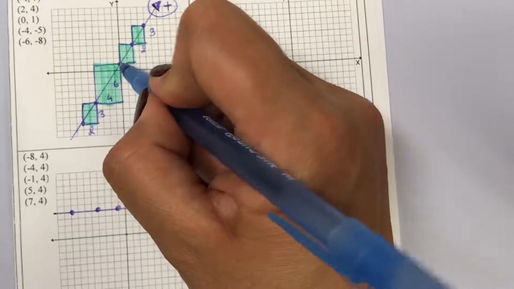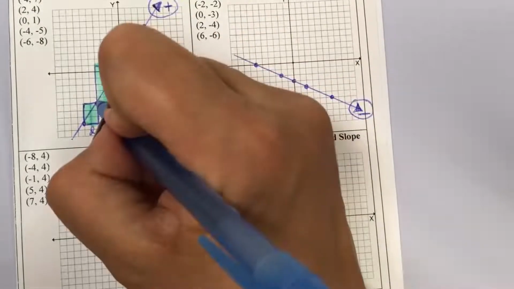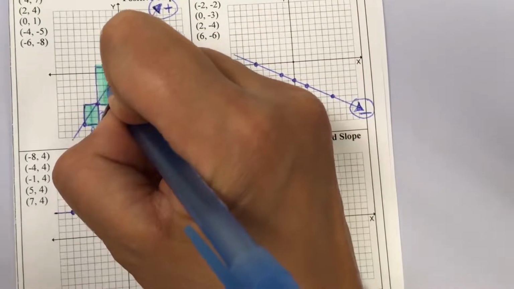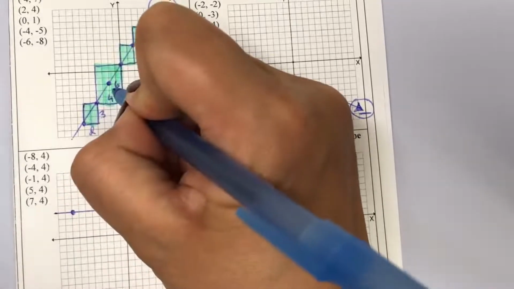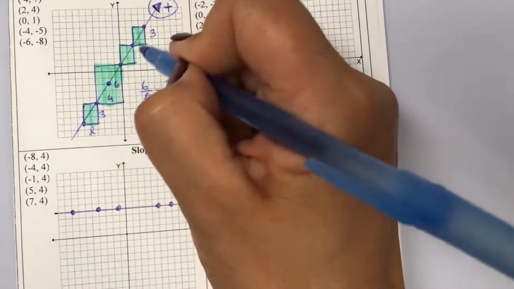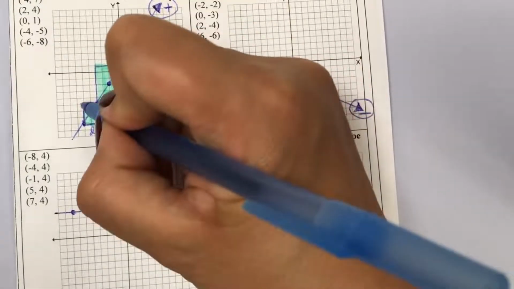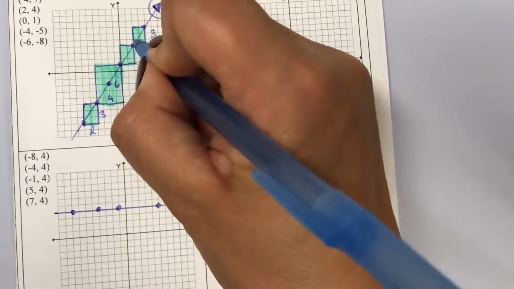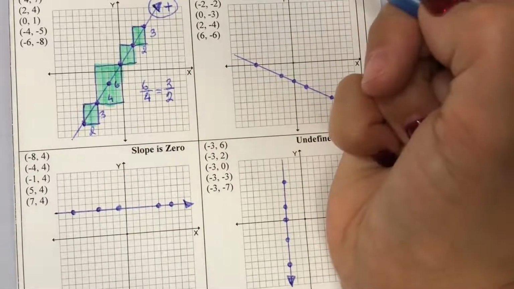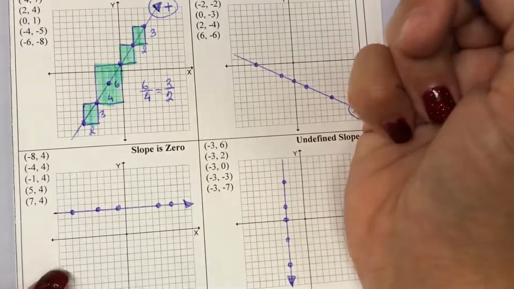From corner to corner, if I use the ratio 3 to 2, 3 to 2, I can place one more dot in order to complete this constant rate of change, or the same rate of change of 3 to 2 all the way throughout the line in the positive direction.